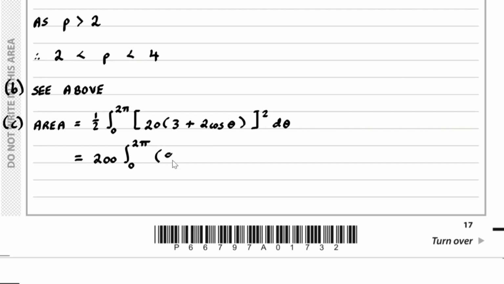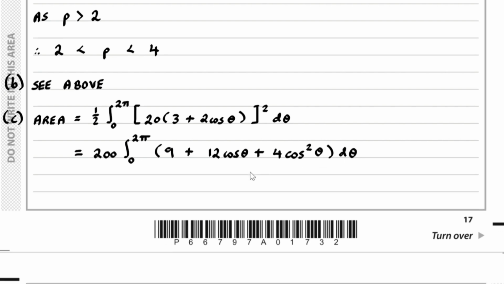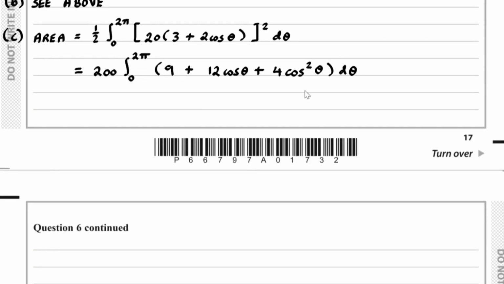all squared is 9, plus 12 cos theta, plus 4 cos squared theta. And recognizing that cos squared is 1/2 lots of 1 plus cos 2 theta, we can simplify this even more.